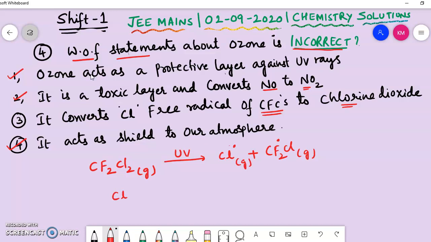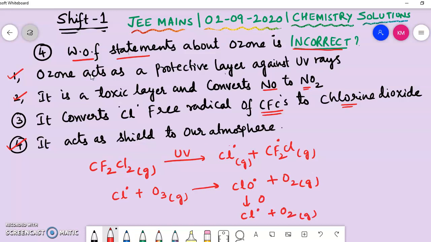And that chlorine radical combines with ozone, then it forms ClO radical, chlorine monoxide radical plus oxygen, and that chlorine monoxide, whatever we got, further it will be dissociated by combining with oxygen into Cl radical plus O2, guys, right?